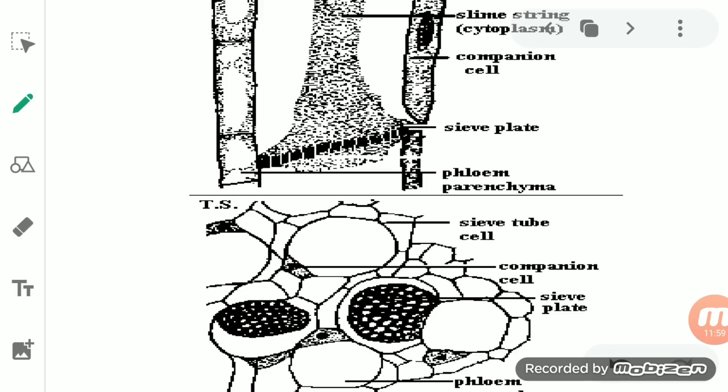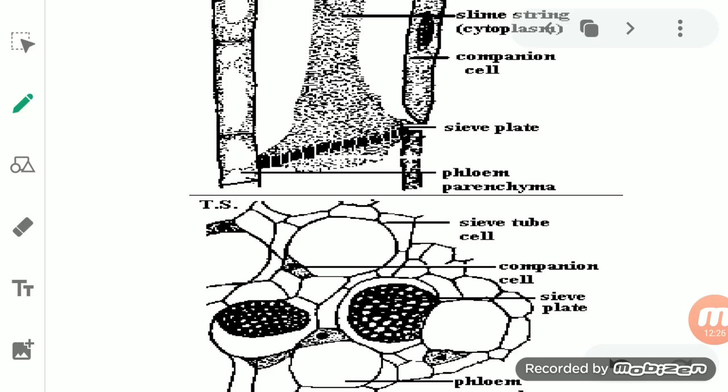So whether they occur together as a vascular bundle or separately, it totally depends upon their location, what kind of plant it is, and where the plant is placed.